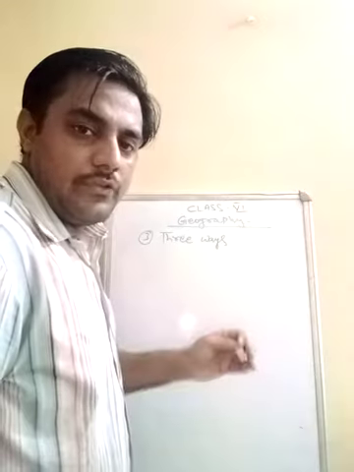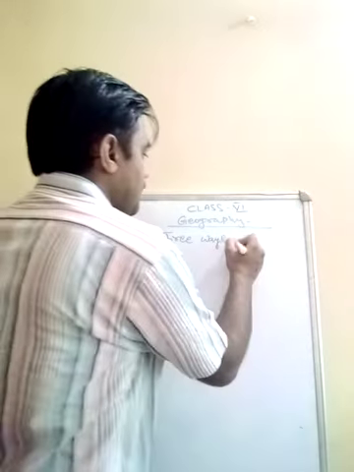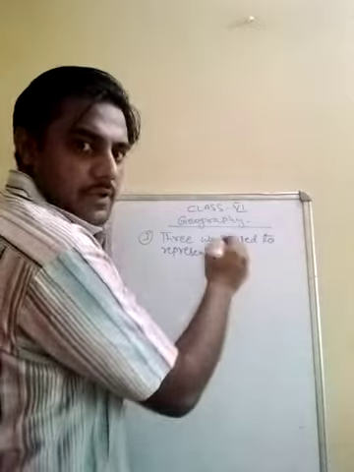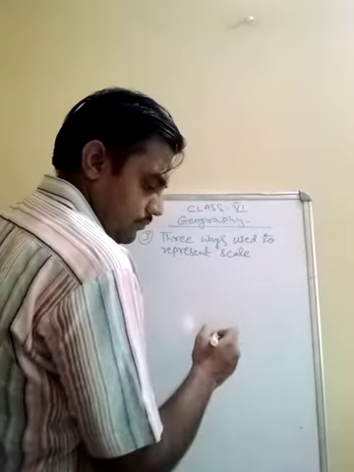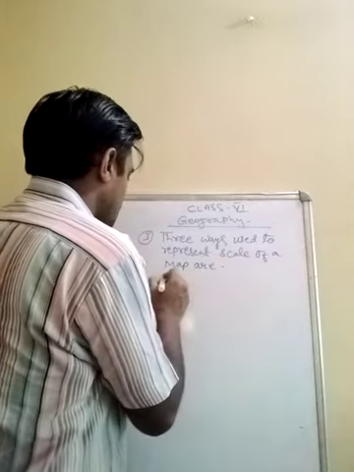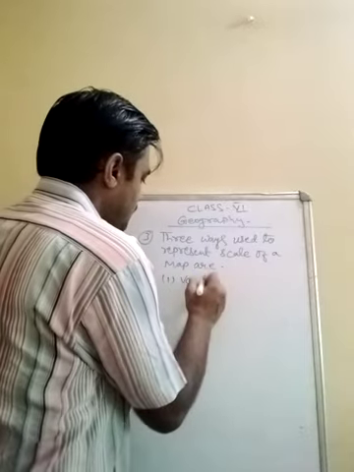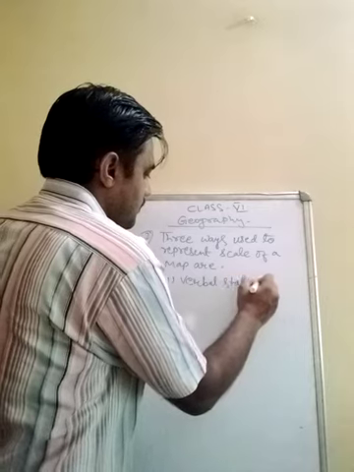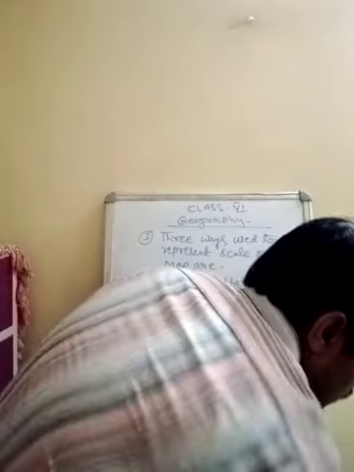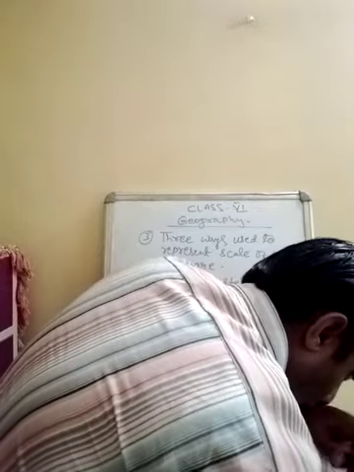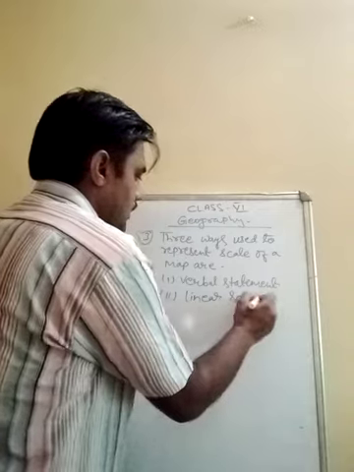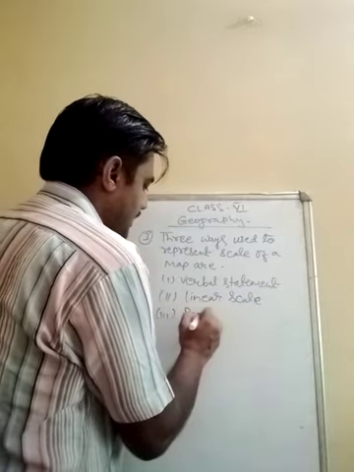The 3 ways used to represent scale of a map are: number 1, verbal statement; number 2, linear scale; and number 3, representative fraction.